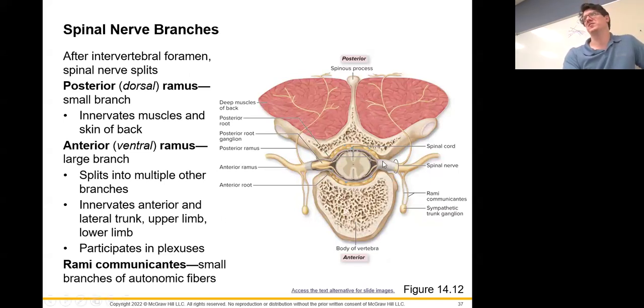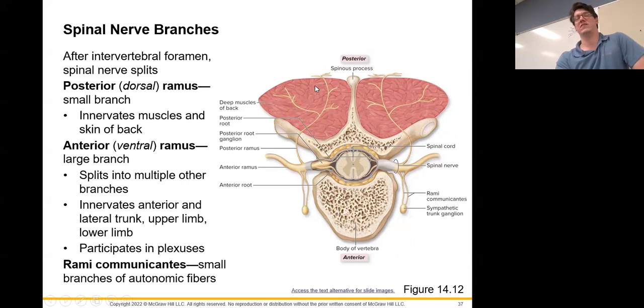after our nerves break out of the vertebrae and we split to form our spinal nerves, we're also going to see in many cases a couple of other splits that we're going to call rami, okay? So this is our posterior ramus right here, posterior because it's pointing out to the posterior side. These are going to be very important because we need to innervate the muscles and skin of our back.